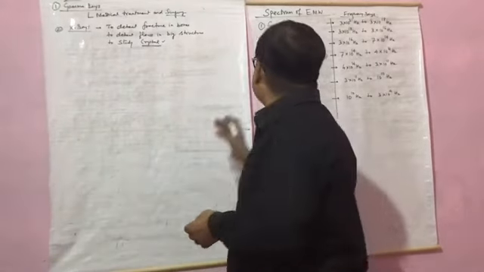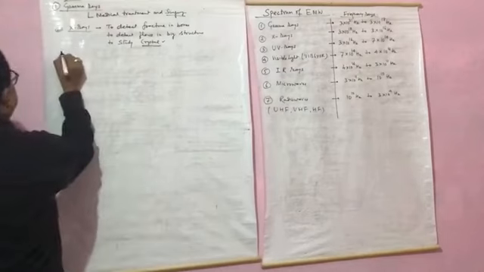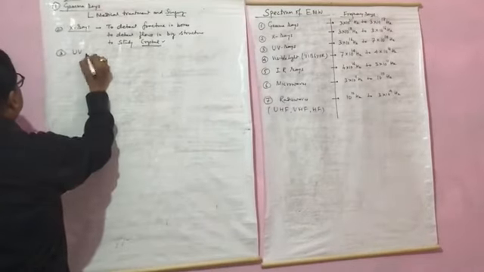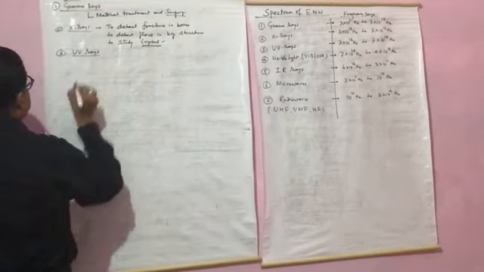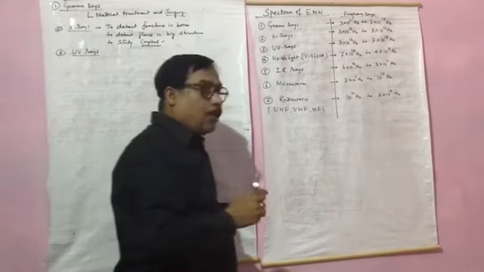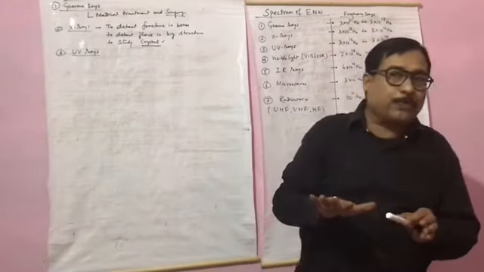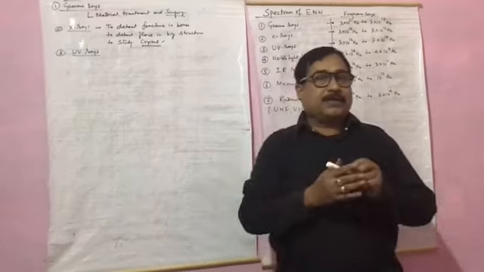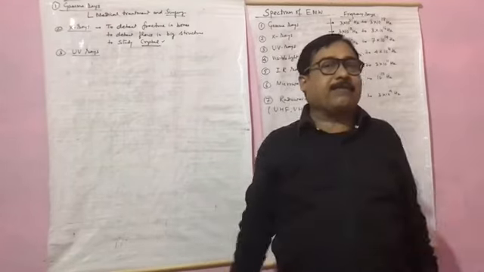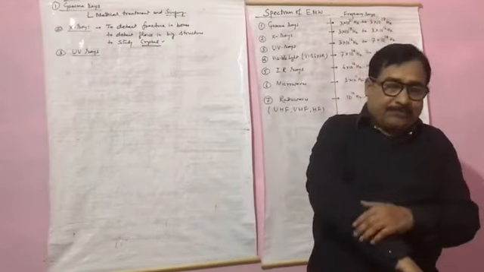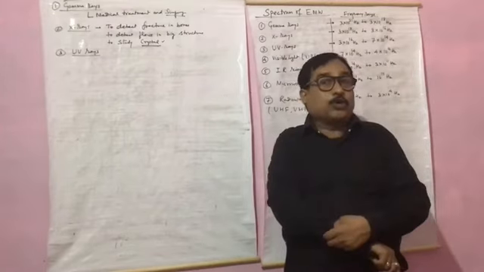Now the next is UV rays. Ultraviolet rays. No doubt ultraviolet rays are very harmful to us. So the sun contains this ultraviolet radiation, and for that we have a protective ozone layer.